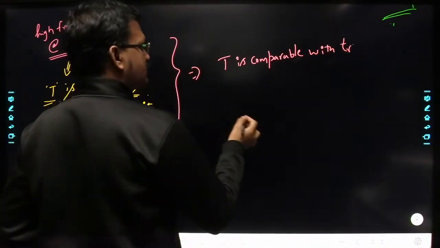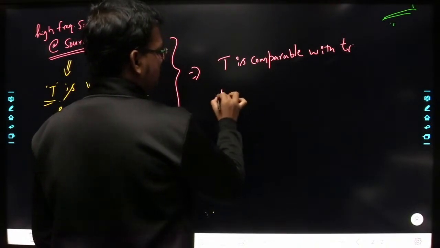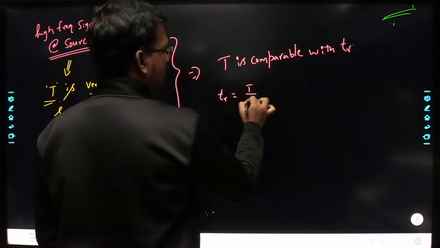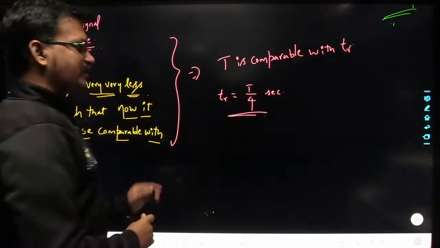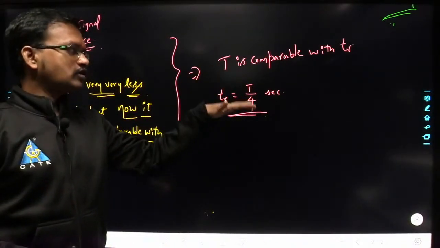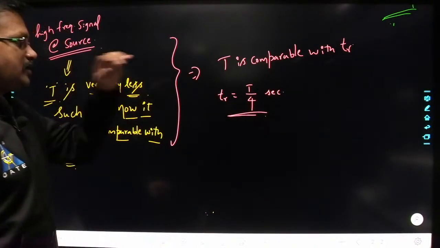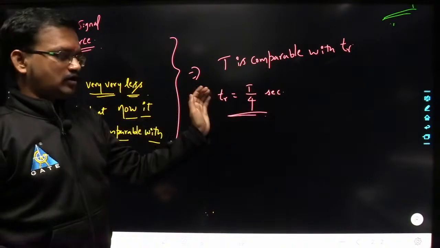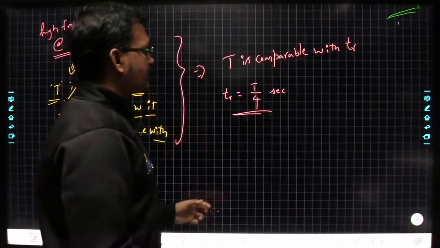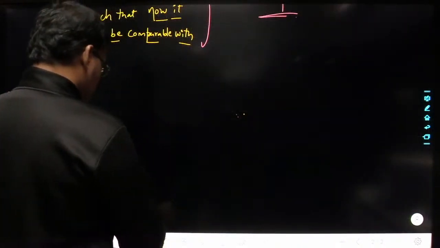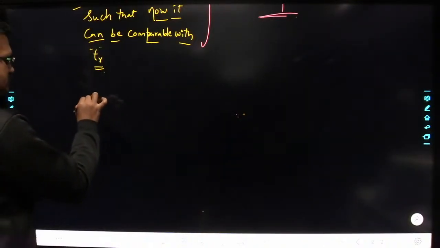So let us assume TR is equal to T by 4 seconds. So let us assume the transit time is 1/4 of the time period of the signal. So the time period of the signal is comparable with TR, that is transit time. Okay, so now what happens? We will see. Now let us assume the signal I have applied here, right?